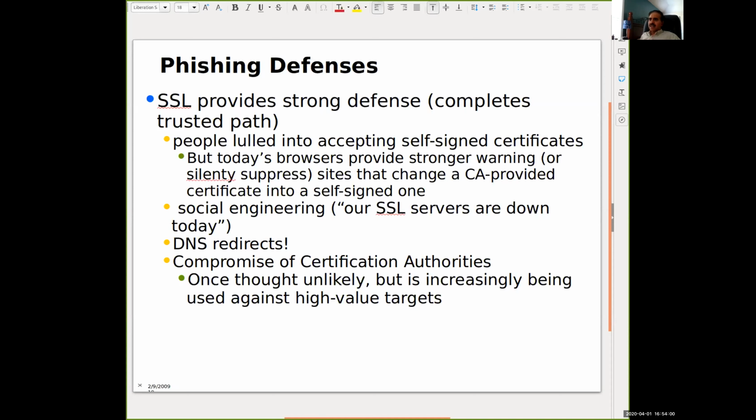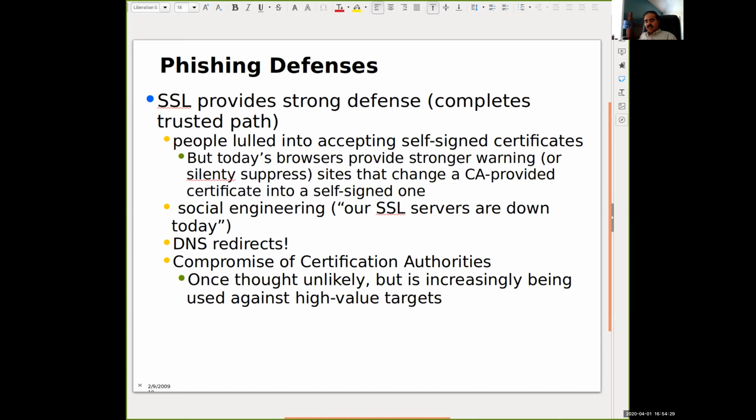So even though you are trying to use HTTPS, it connects you back to HTTP, and now the protection of SSL goes away. Alternatively, they can say, you know what, our SSL servers are down, and so you have to use a non-encrypted connection.